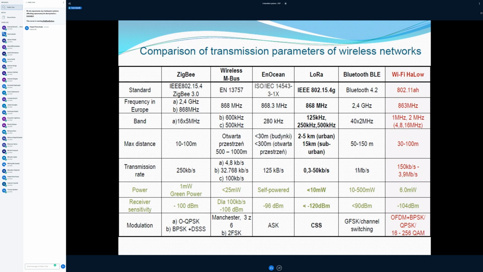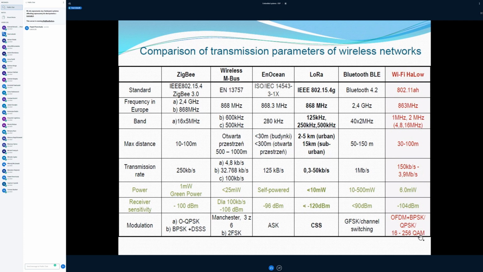And Wi-Fi HaLow, this is, so you know, higher knowledge, OFDM. OFDM is a frequency modulation, but you may find there 500 carriers, and it's really rather complicated. It stands for orthogonal frequency division multiplexing, modulation, and BPSK or QPSK. So those two.